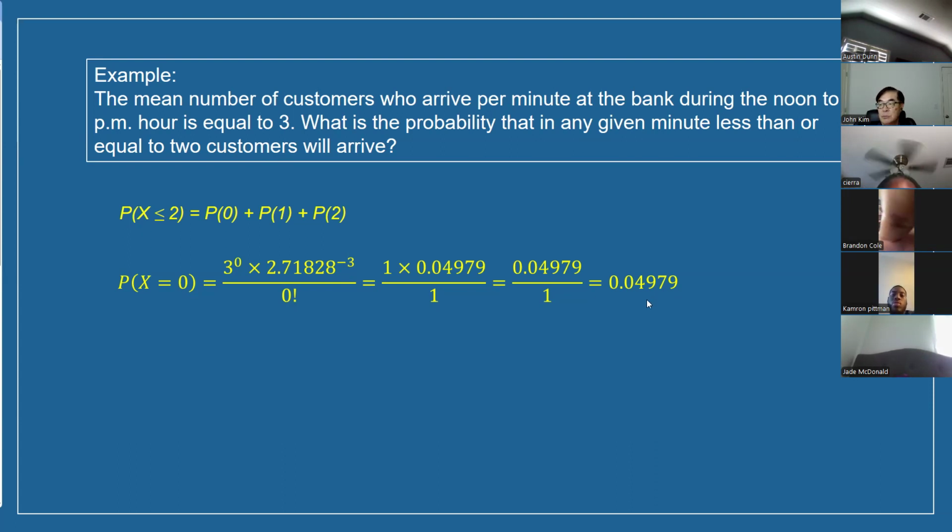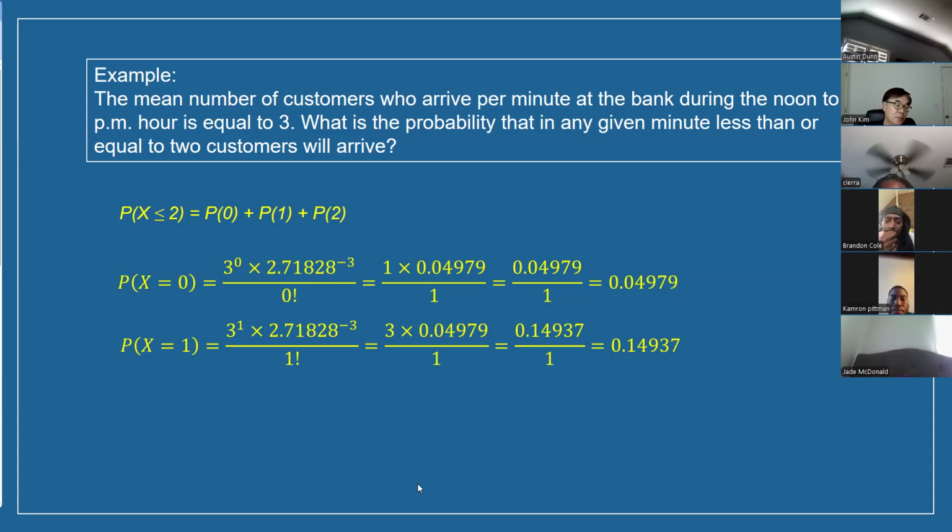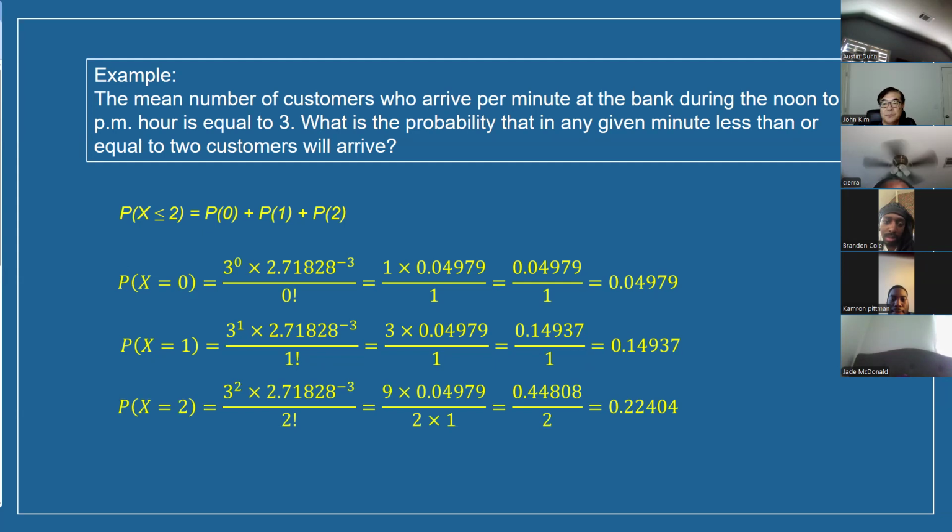By calculation, the probability of x equals 0 is 0.04979. Probability x equals 1 is 0.14937. Then x equals 2.